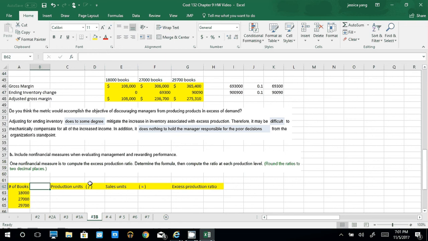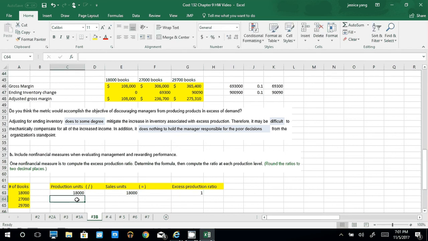We're going to use this formula to find the excess production ratio. So for production units, there's 18,000 units. And I'm going to go ahead and divide it by my sales of 18,000. That gives me a ratio of 1.